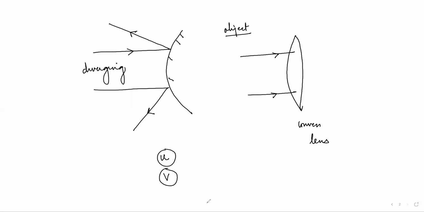And what is V? Any student? Please help. Sargun, what is V? Image distance. Correct. Distance of image from the lens or from the mirror.